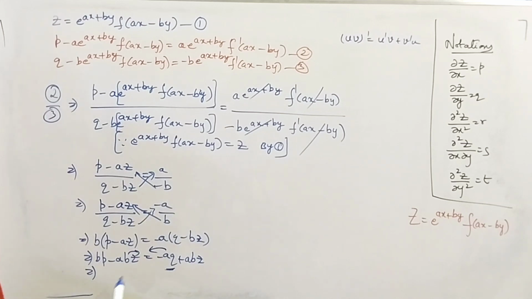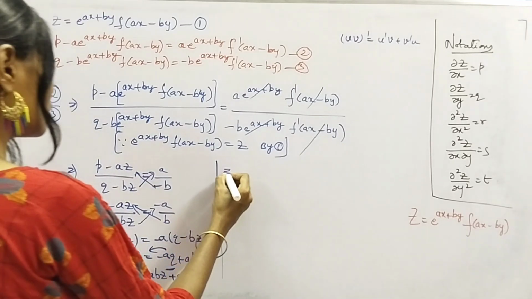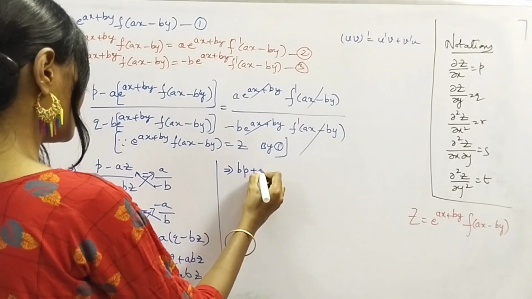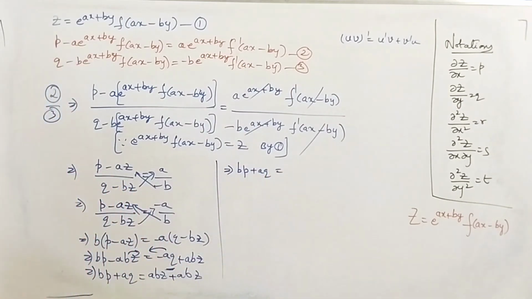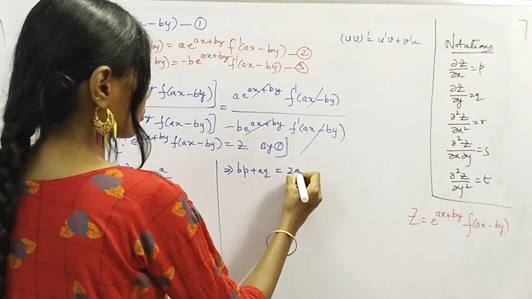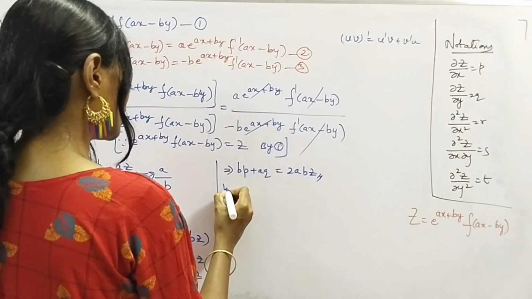And I forgot to notice here you're having minus, it's minus abz. If it is plus abz, then you can cancel abz and abz, right? Since you are having minus, you have to take this to RHS. Fine. Now we'll get bp plus aq equal to abz plus abz, which gives 2abz, which is the required partial differential equation.